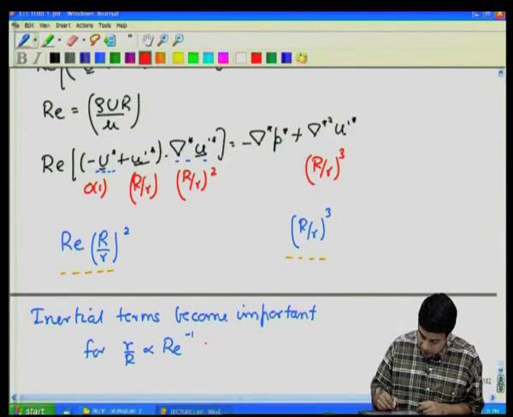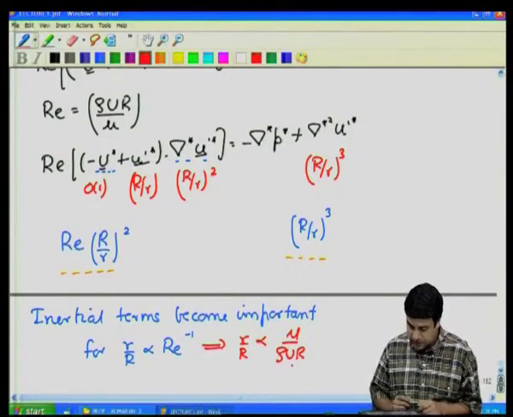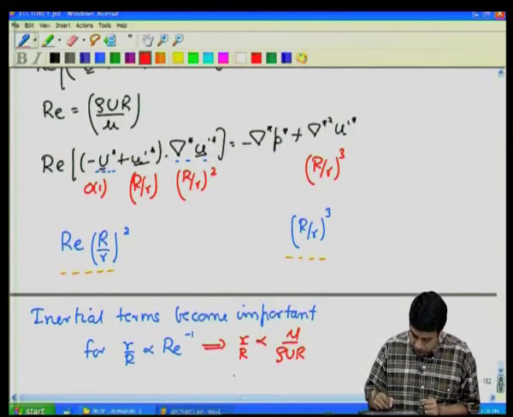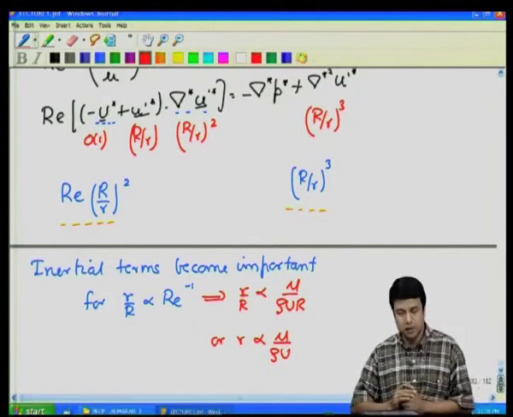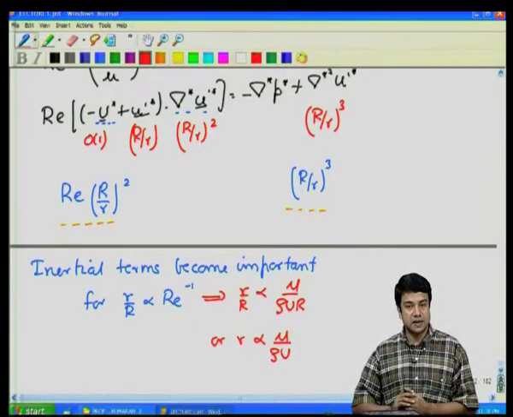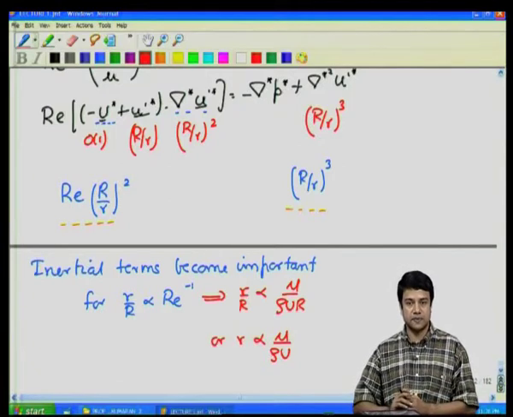If I write that in terms of the Reynolds number, I get r by R is proportional to mu by rho U r, or r is proportional to mu by rho U. So, this distance at which the inertial terms become of the same magnitude as the viscous terms does not depend upon the radius of the object itself. It depends only upon the velocity U as well as the density and the viscosity of the fluid.